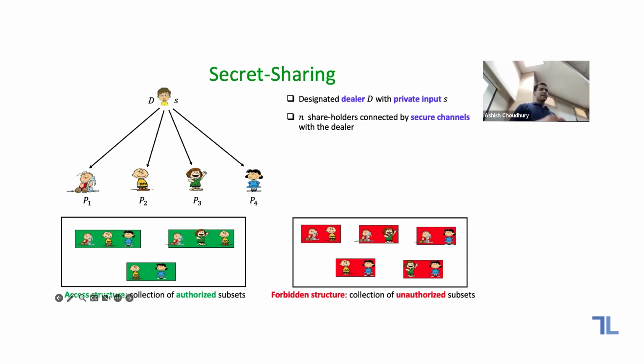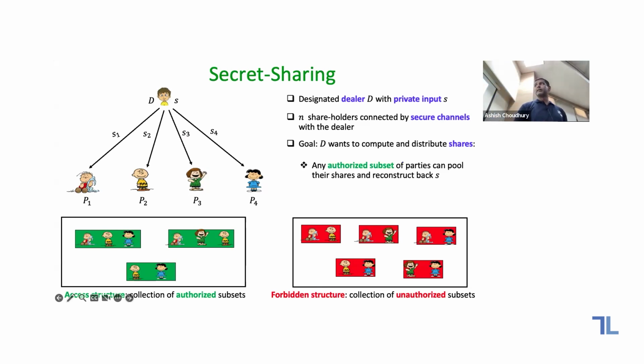So what we want in the secret sharing problem is the following. We would like the dealer to compute shares for its secret and distribute shares to the individual shareholders in such a way that later, if any authorized subset of people wants to reconstruct the secret, they should be able to reconstruct it back from their individual shares.